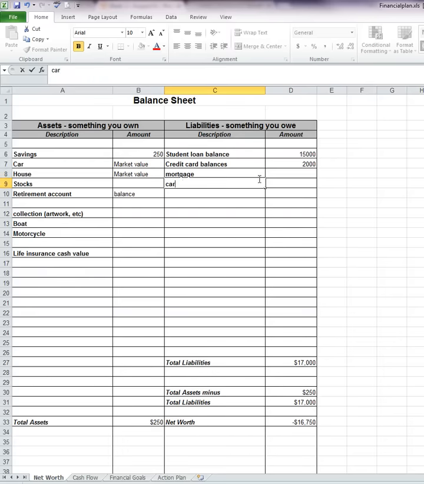Maybe they include a car loan, parking tickets. Maybe you owe the IRS a big balance. Often I see medical bills. This is where you are continuing to pay off a hospital or a dentist or someone over time. And again, we're not capturing the payment. I just want that balance.